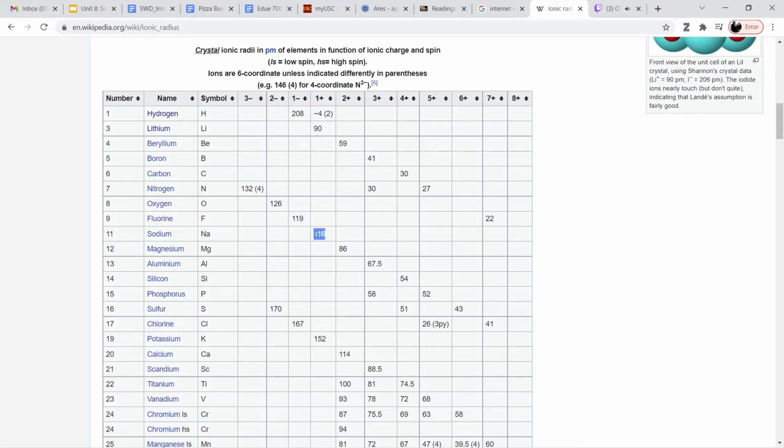But we see that sodium actually has a smaller radius now than the fluoride ion. And that's smaller still than oxygen's, and it's bigger than magnesium as we go along. So as we keep losing electrons, we keep getting smaller. And as we gain electrons, we get bigger.